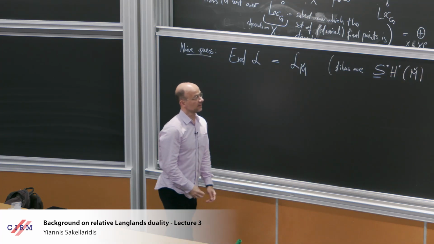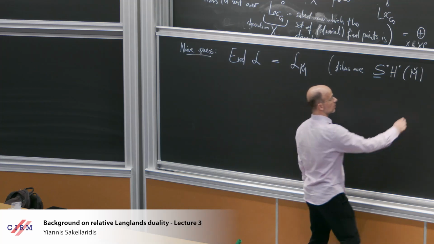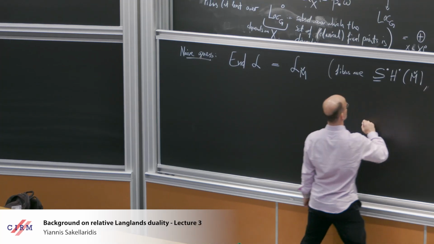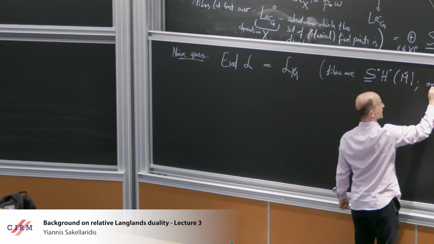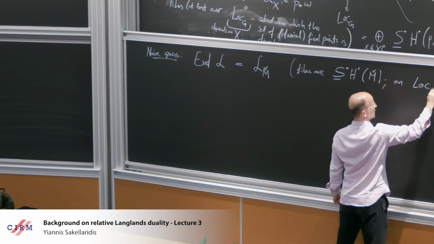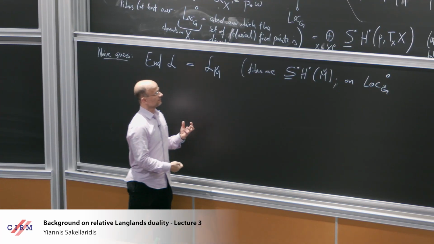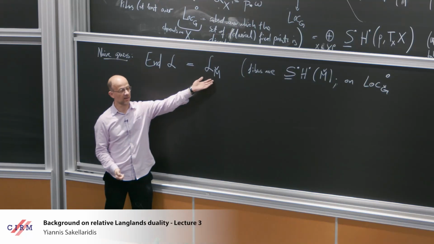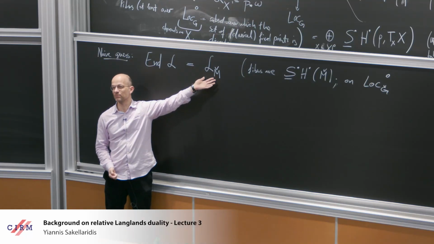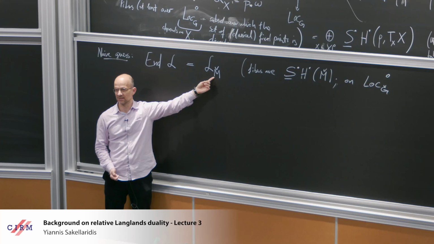And let me be very explicit on this open set where the fixed points are discrete. Well, fixed points here, this is a vector space.